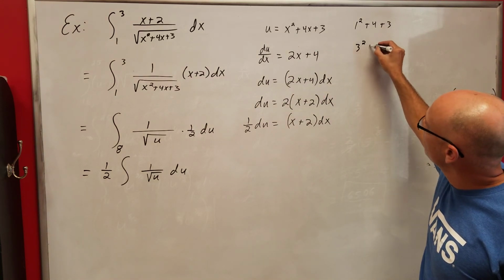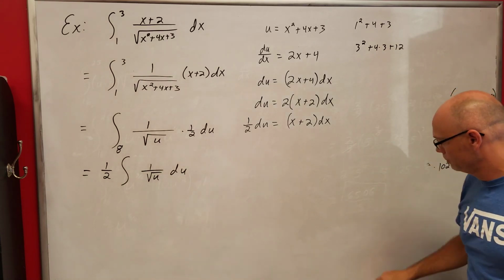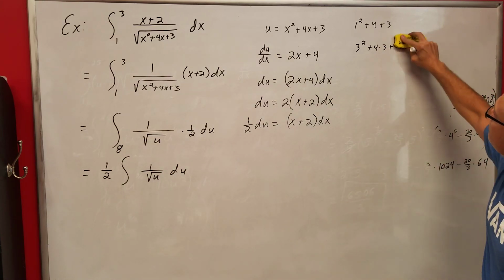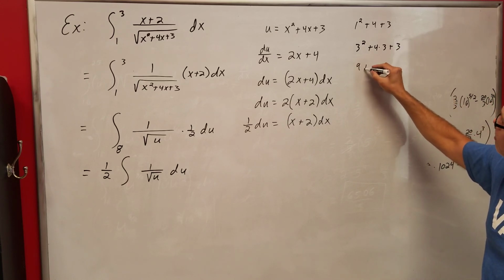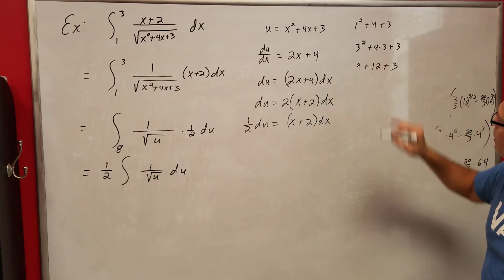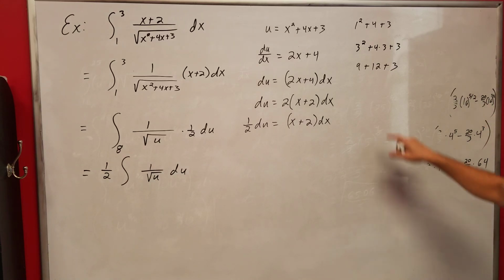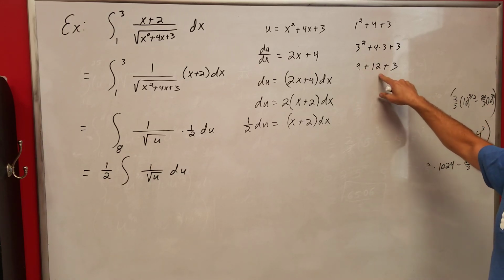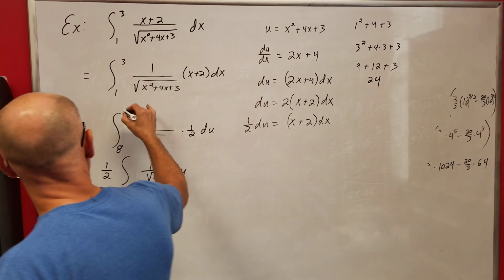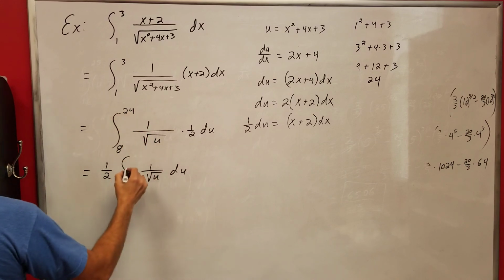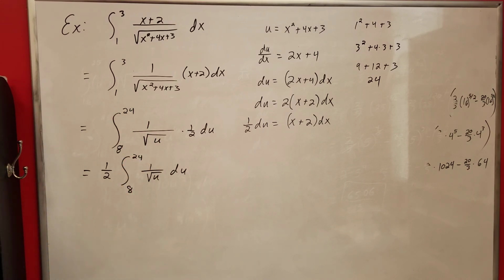We have 3 squared plus 4 times 3 plus 3. So we get 9 plus 12 plus 3. 9 plus 3 gives me 12, plus 12 is 24, right? The new upper limit of integration is 24. So I'm going to put 24 here as well, and 8 down there.